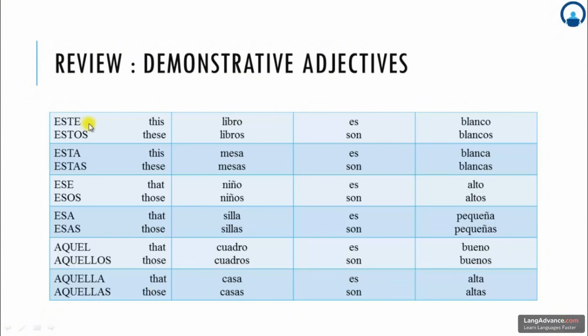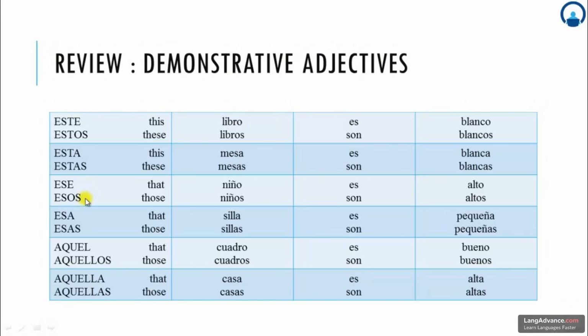Este is singular for masculine. Estos is plural for masculine. Esta is singular and feminine. Estas is plural and feminine. Ese is singular for masculine.